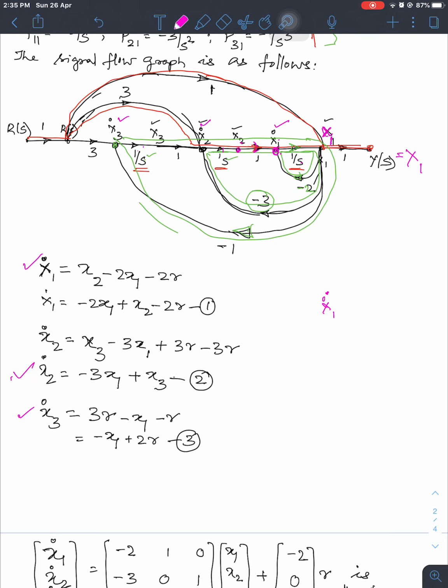This x1 dot has signals from x2. This is one signal, x2, and there is a signal which is coming from R. This is R with a gain of unity. We have come to x1, and from x1 it is coming up to this point with a gain of -2.